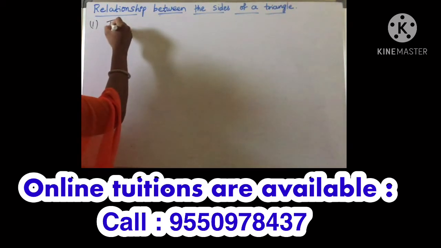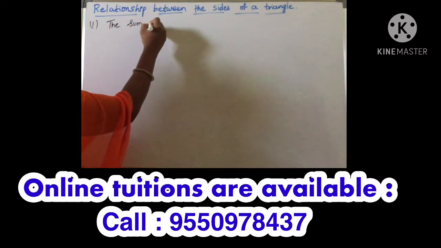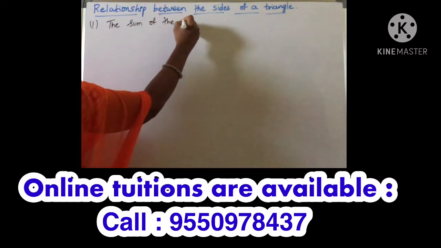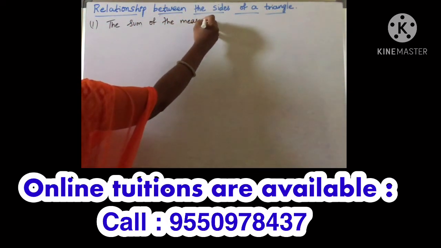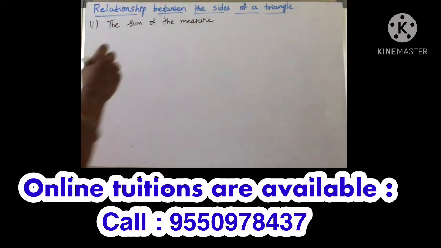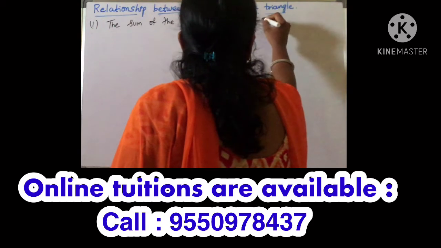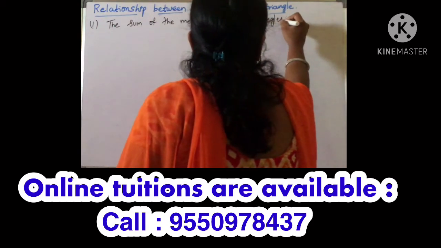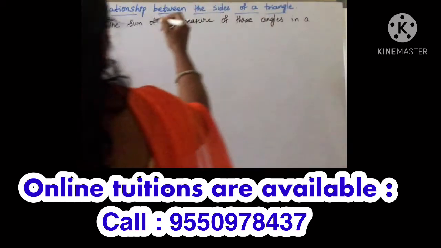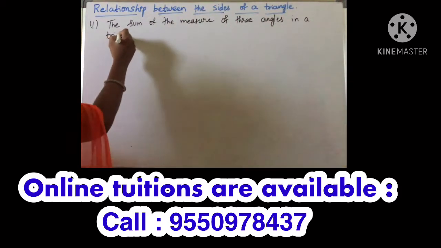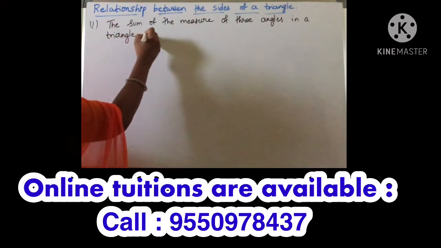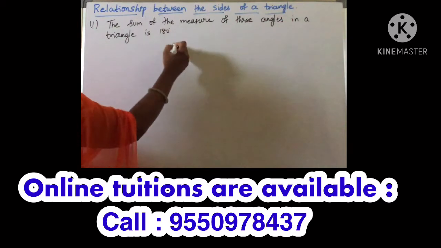So the sum of the measure of three angles in a triangle is 180 degrees, right?